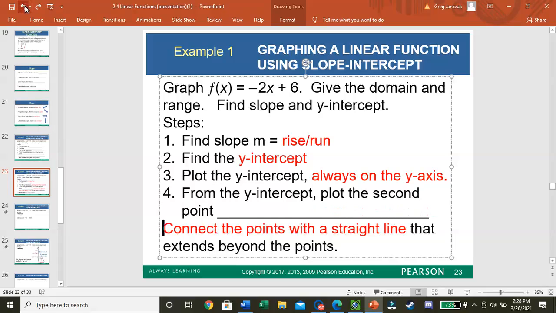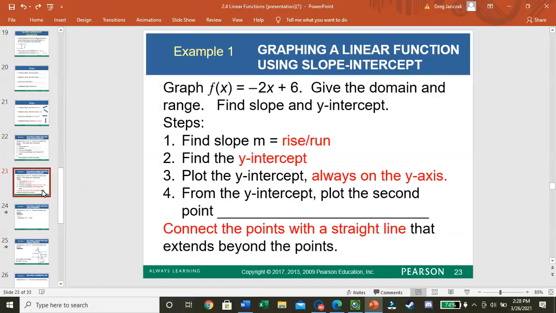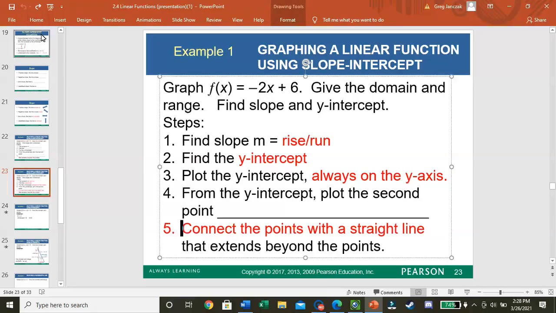Something's wrong. From the y-intercept, plot the second point using rise over run, and then connect the points with a straight line.